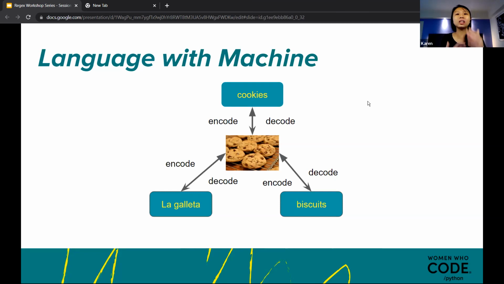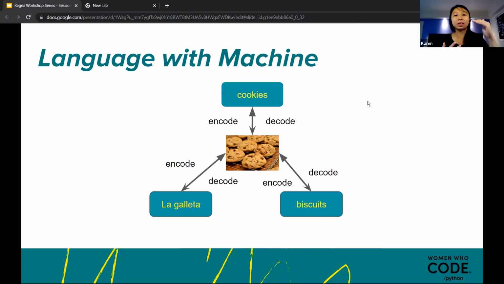We don't realize it because it's so convenient nowadays, but inside the machine's brain, its processor, the word cookies is translated to a whole bunch of numbers, a way the machine can understand, like 0101, stored in bytes, in a format it understands.